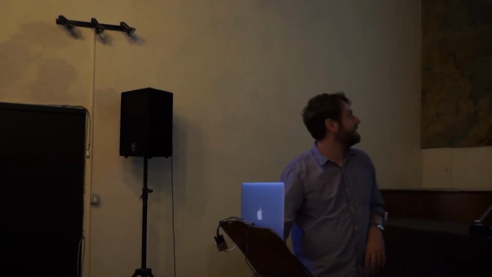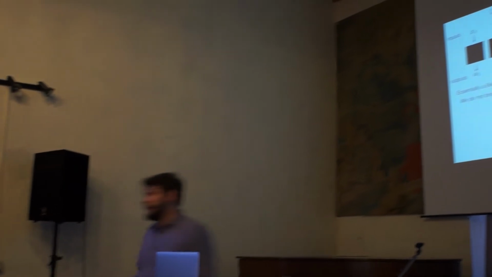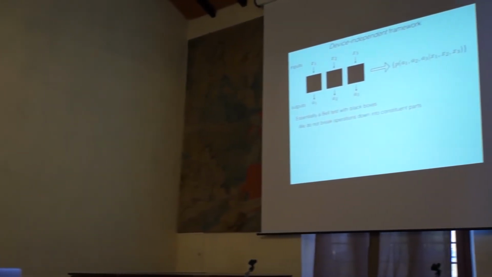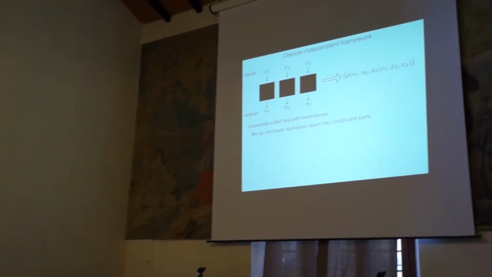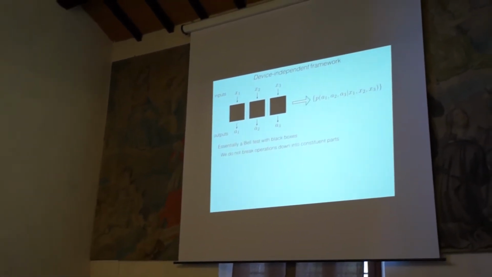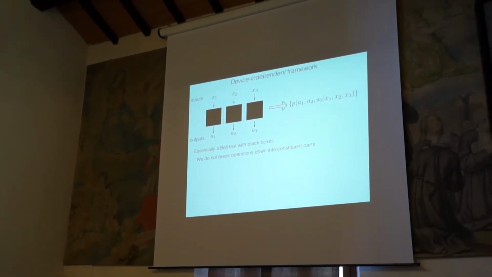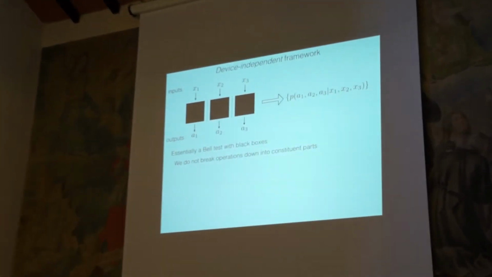Yes, good. So what I'm going to do now is review the basic framework in which we're thinking of these correlations. So it's essentially a Bell test. We have some local agents that have some black boxes in their laboratory, and they've got some classical data which they can plug into these black boxes and receive some data out.